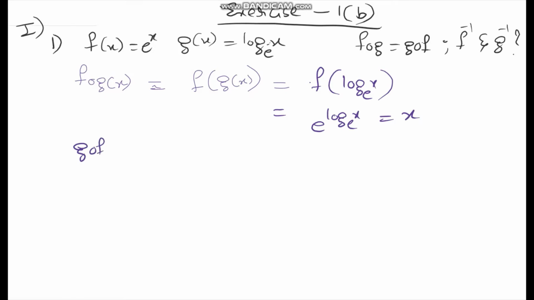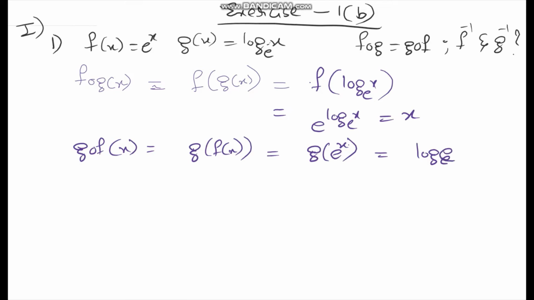Similarly, if I take gof of x, this will be equal to g of f of x, that equals g of e power x, that equals log of e power x to the base e, that equals x into log e to the base e.